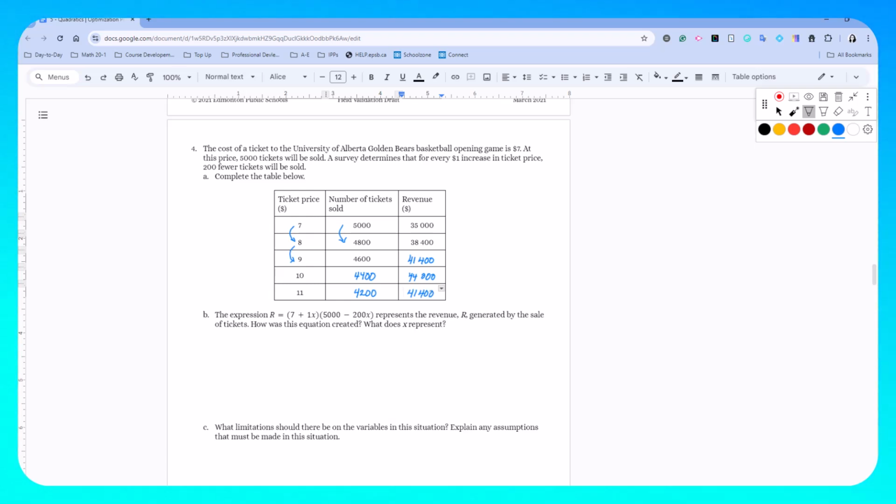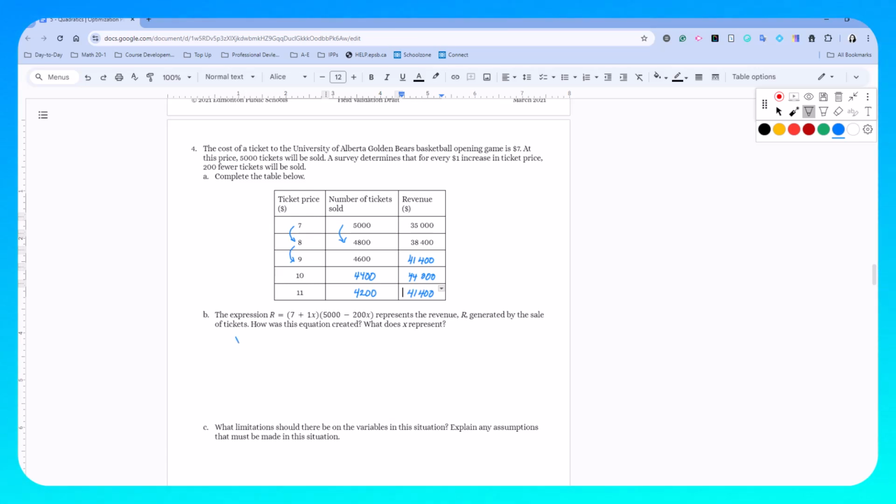Now it's asking us in part B that the expression R equals (7 plus 1x) times (5,000 minus 200x) represents the revenue, R, generated by the sale of the tickets. How was this equation created, and what does x represent?